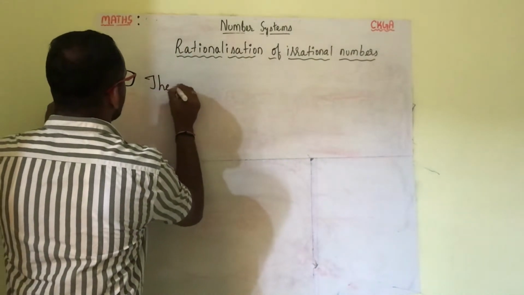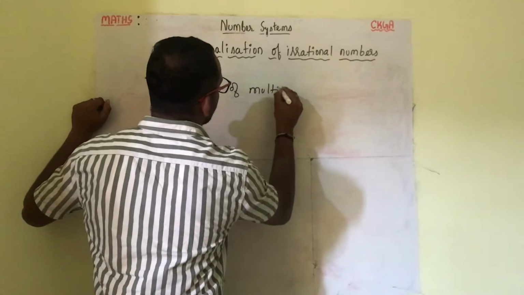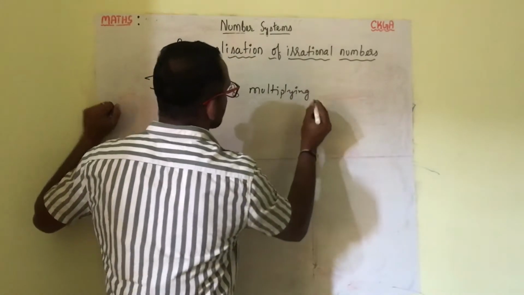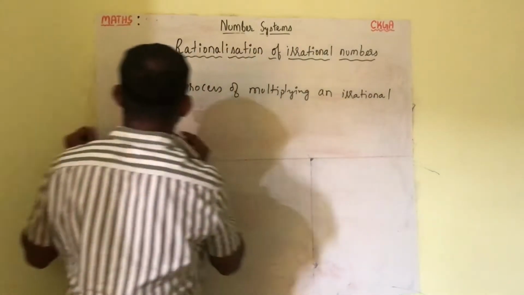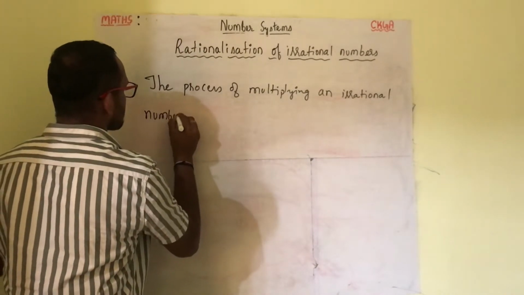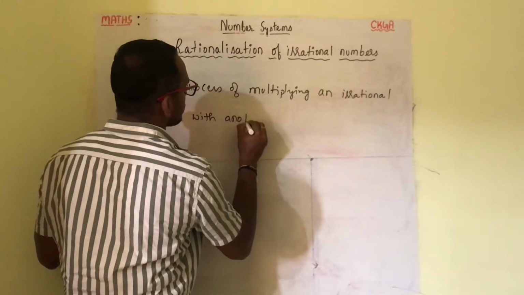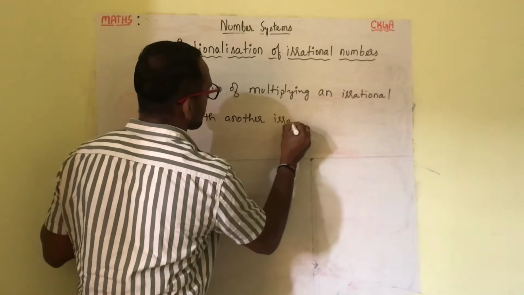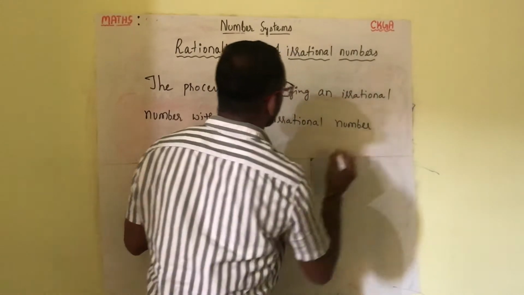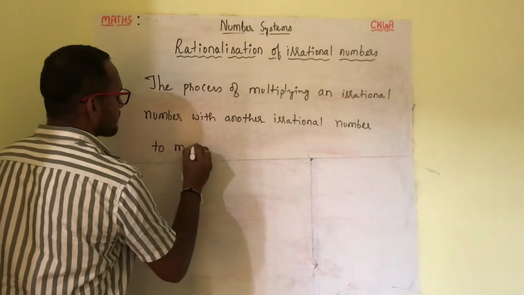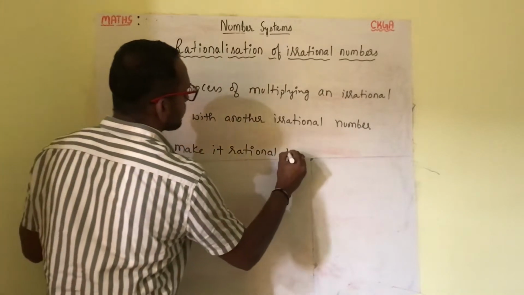I'll write a statement first: the process of multiplying an irrational number with another irrational number to make it a rational number.